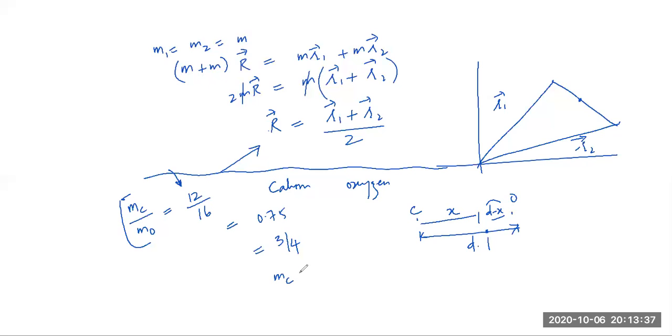So mc into x would be equal to mo into d minus x. So from this you get x is equal to 4 by 7 d. So this is the understanding, students. This is the understanding we have derived from the equation we have derived for a system of two particles.